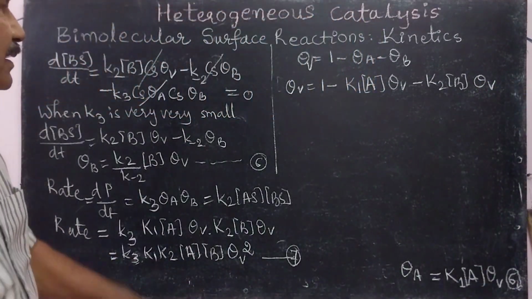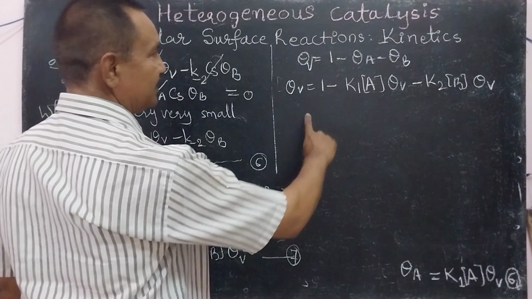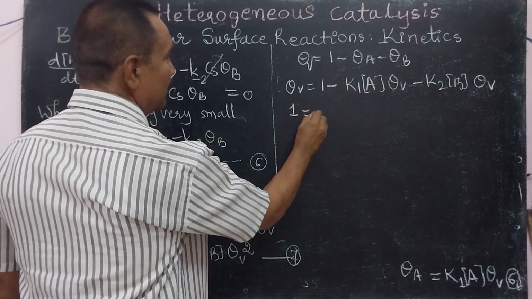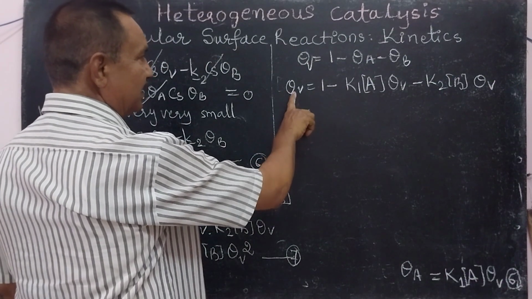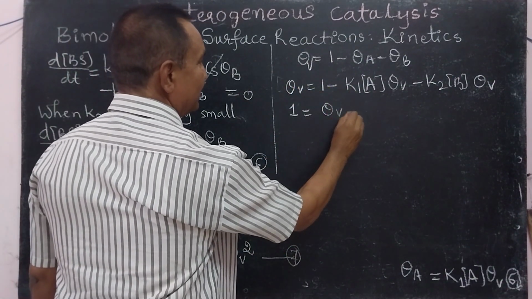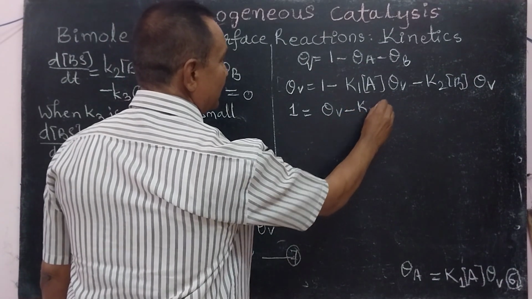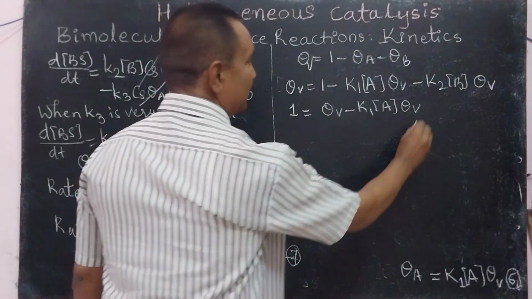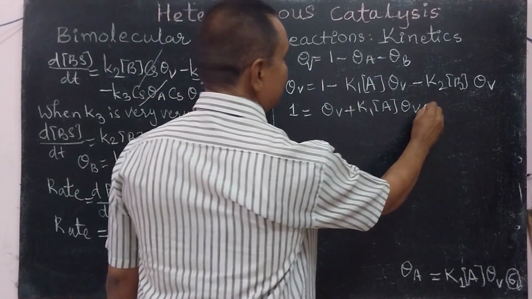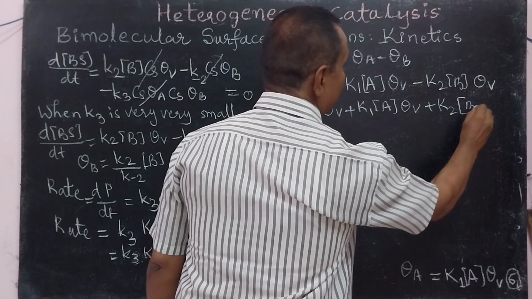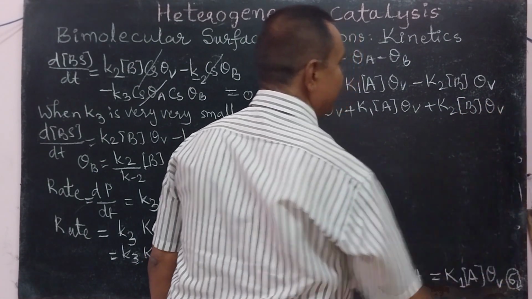Okay, theta V. Now we can rearrange this, that is 1 equal to, suppose all these are taken this side, that is theta V minus K1 A theta V, minus becomes plus, plus K2 B into theta phi.